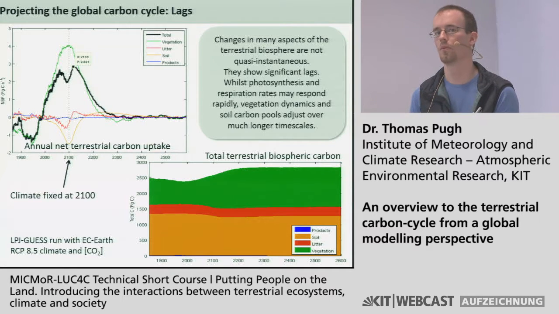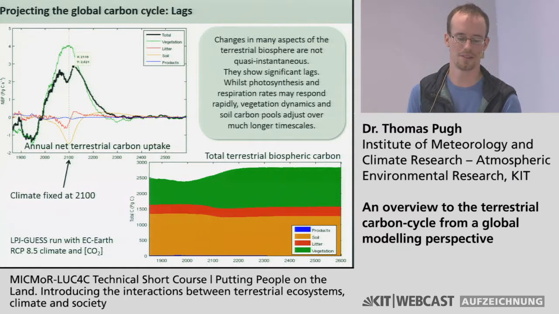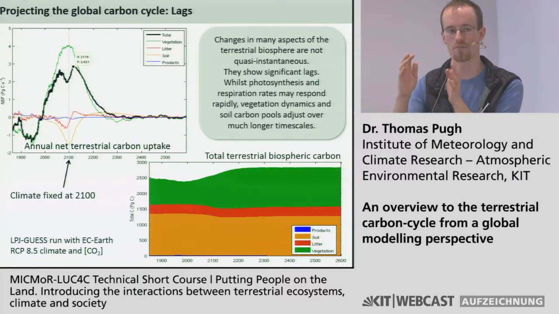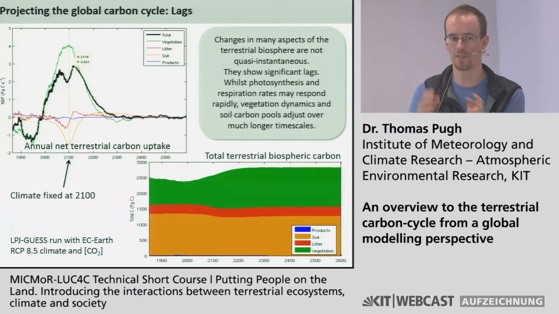So while we can look at changes, we can take 2050 or 2100 and say our model projects that we have this loss of vegetation with this climate at this time, this isn't necessarily the loss of vegetation that is truly associated with this climate if you allow the system to come into equilibrium.